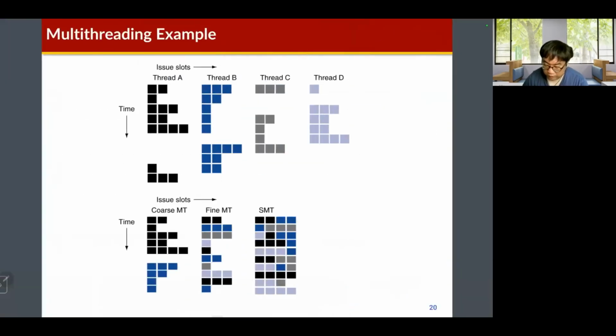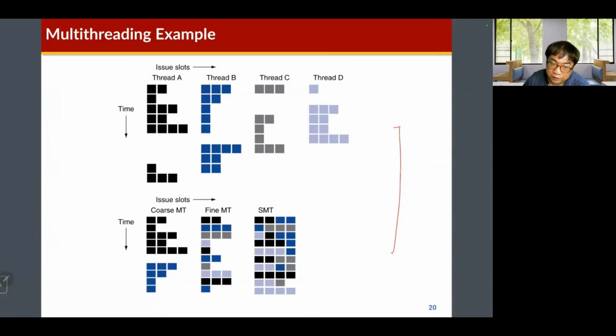So this is a very popular figure that explains hardware multi-threading. There are three different kinds of multi-threading. The first one is coarse-grained multi-threading, the second one is fine-grained multi-threading, and the last one is simultaneous multi-threading. This simultaneous multi-threading is the Intel hyper-threading.